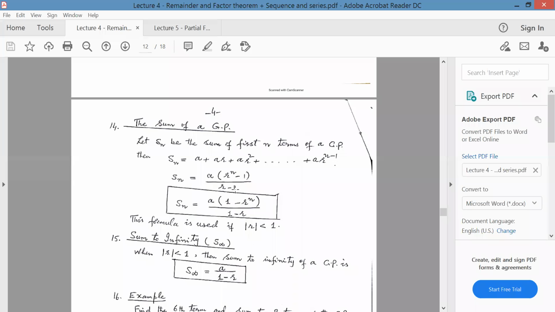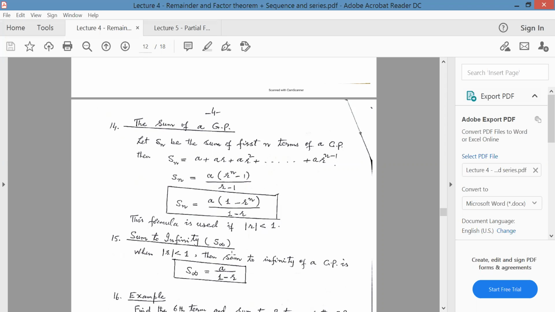If you multiply the denominator, this will become 1 minus r. So the same formula may be rewritten like this. And the second form of the formula is used if the absolute value of r is less than 1. ठीक है? r की वैल्यू अगर छोटी है तो फिर आप यूज करेंगे इस फॉर्मूला को.